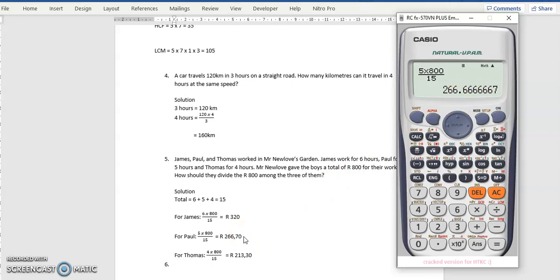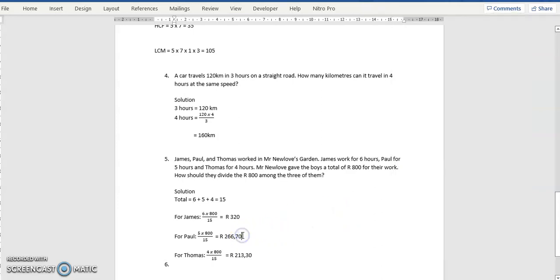Instead of writing 67 cents, I'm going to round it. Let's make it 2 decimal places. So 67 cents. Okay.